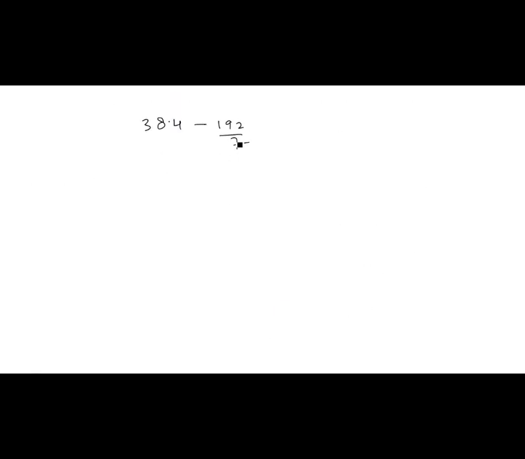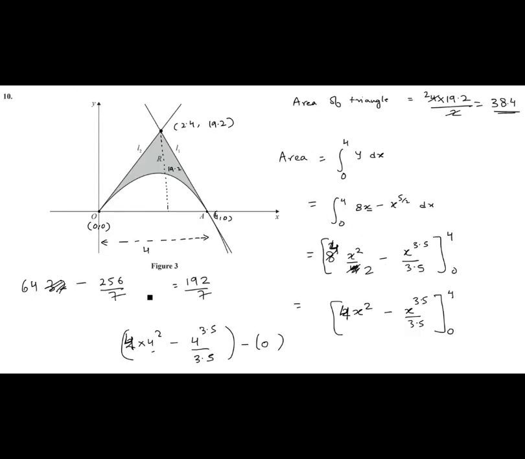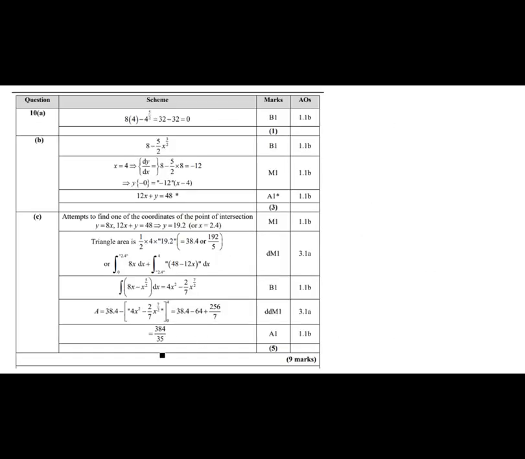If we do 38.4, take away 192 divided by 7, it is 384 over 35. I think you need to find the exact area of R, so this is 384 over 35. Let's check the answer now. 384 over 35, that's correct. Well done.